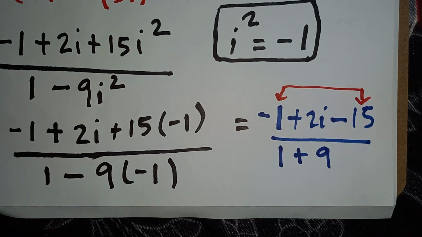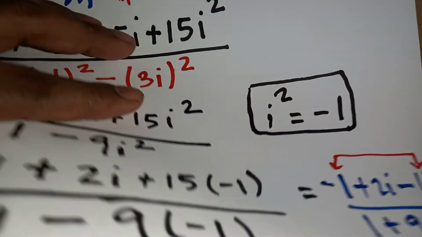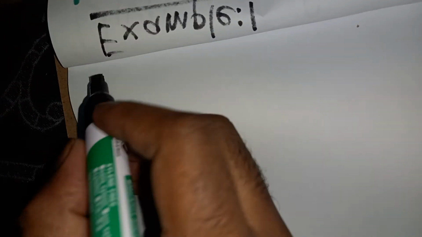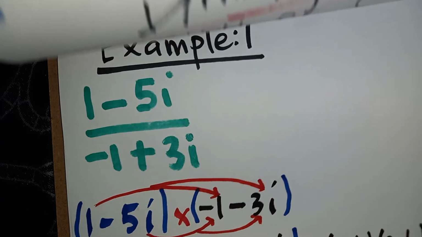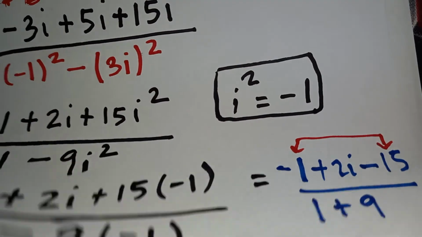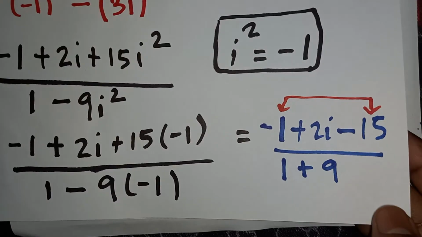So minus 1 and minus 15 will give us minus 16. We'll get minus 16 here, and we have plus 2i. So minus 16 plus 2i over 1 plus 9, that will be equal to 10.